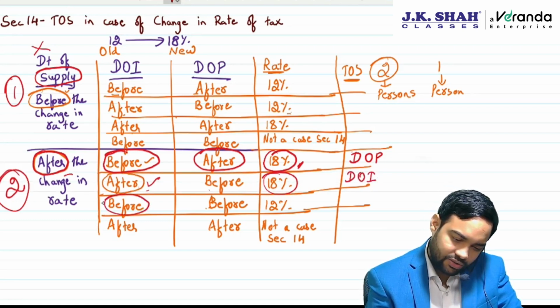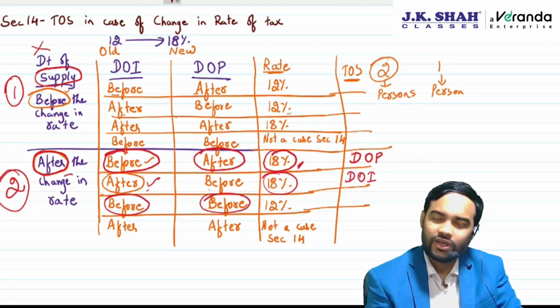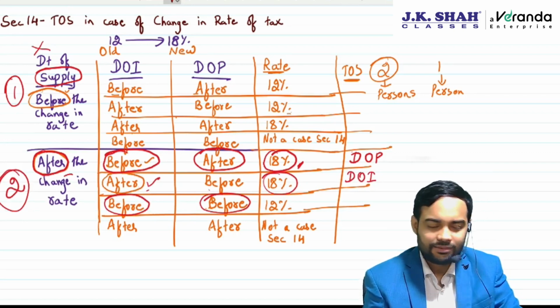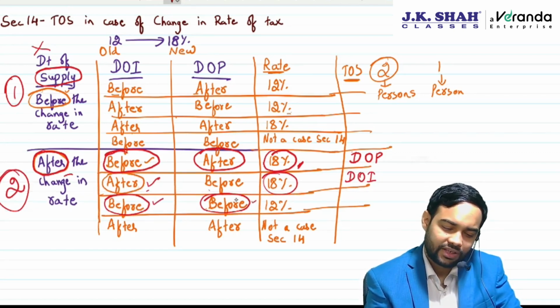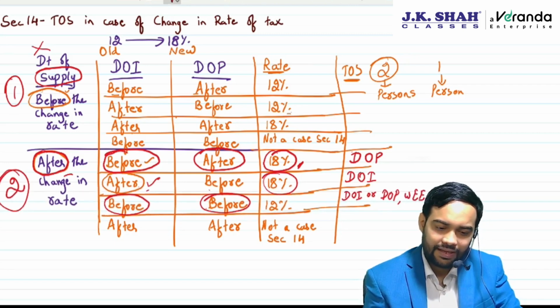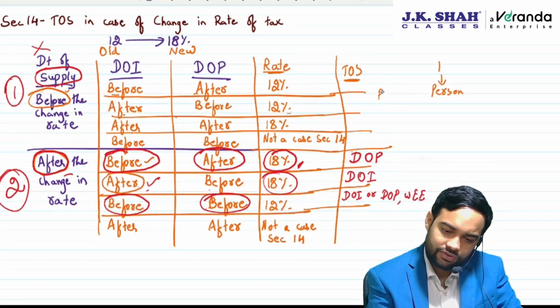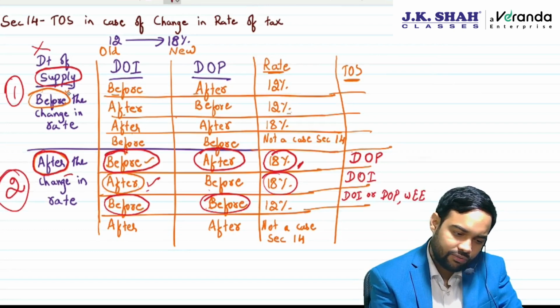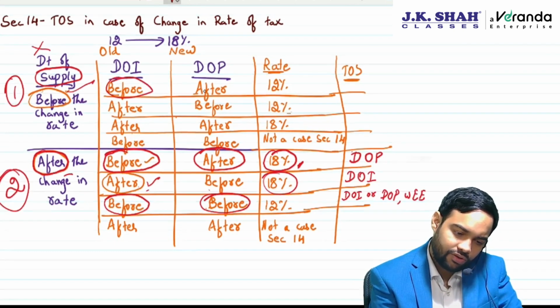Now here two events are before, invoice or payment. Here it doesn't matter whether we choose invoice or payment, and that's why the law has said date of invoice or date of payment, whichever is earlier. And then coming to the first part. Now before, after.